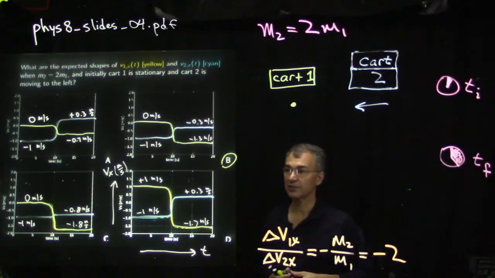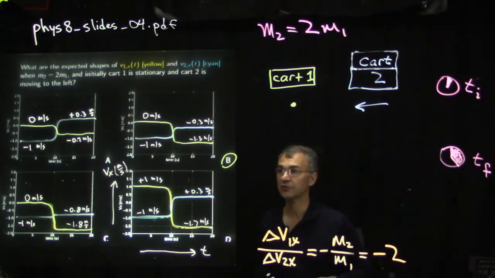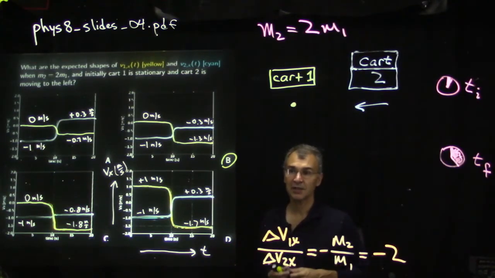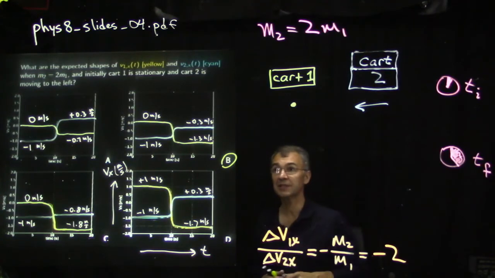That's a change of plus 0.2. So that would seem to be like a 9-to-1 ratio of masses. This is what you would see if cart 2 were 9 times as massive as cart 1. Cart 2 is more massive than cart 1, but it's not 9 times as massive. It's only 2 times as massive. So I think I like B.